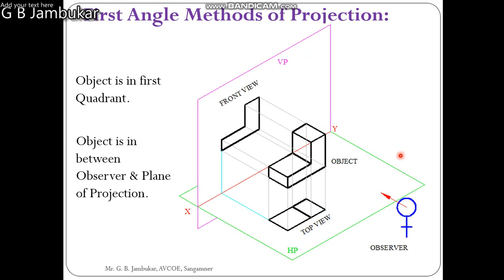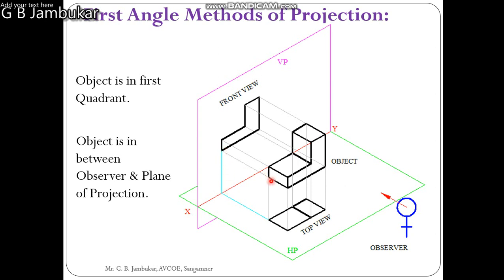Now, to show both views combined, the front view and top view, for understanding we consider this corner of the object and its front view, and the same corner and its top view. If we draw the line from the corner perpendicular to XY, both points will meet at the same point on XY, and these lines are perpendicular to each other.